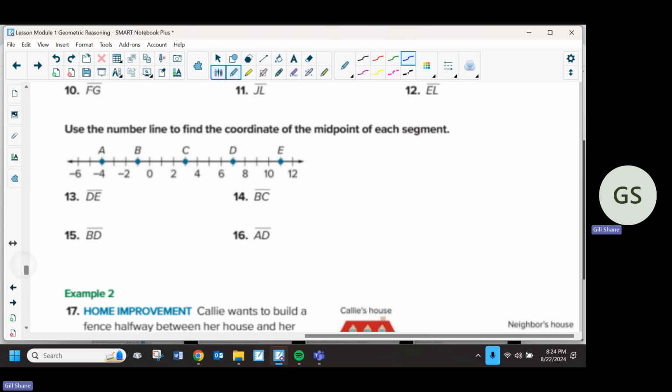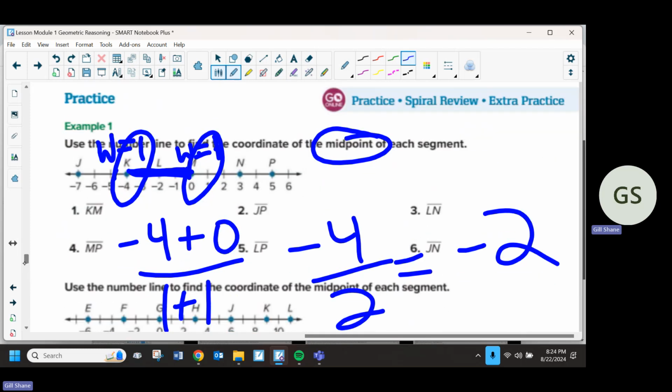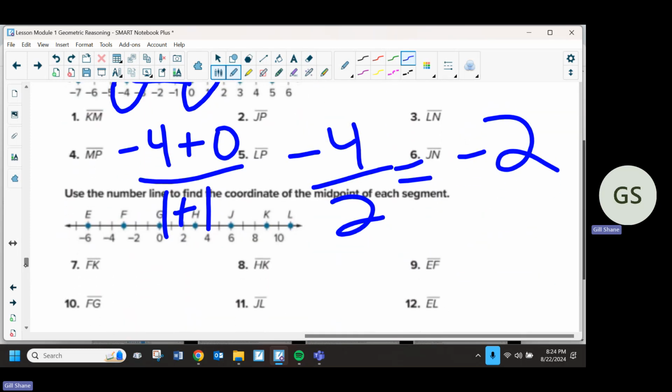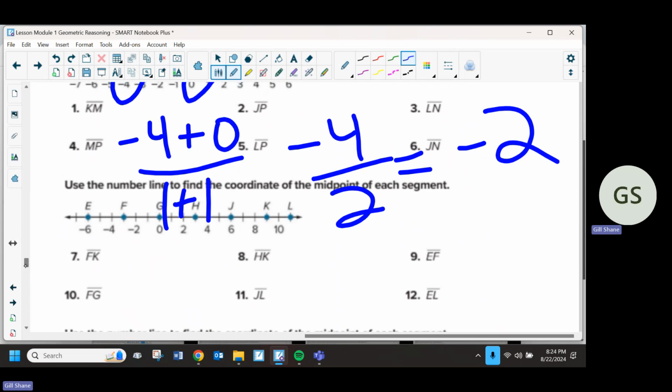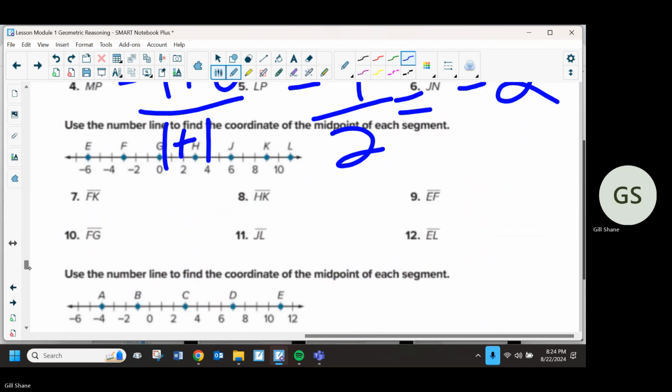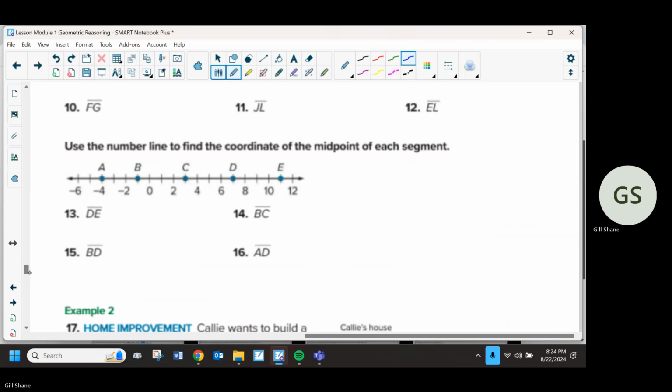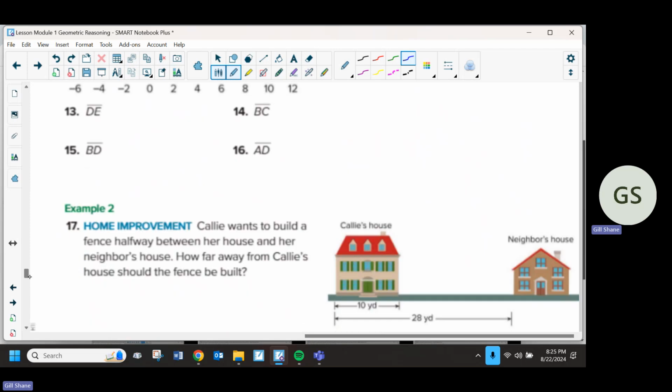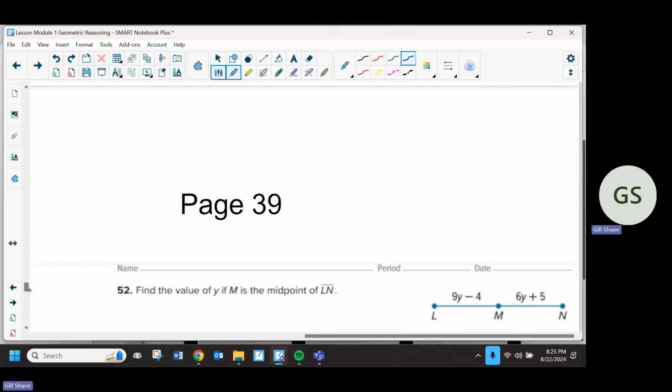I thought there was a section where they give you the midpoint, but you have to find the endpoint. Use the number line to find the coordinates of the midpoint. Midpoint. Using a normal form. Yeah, none of these are very difficult.